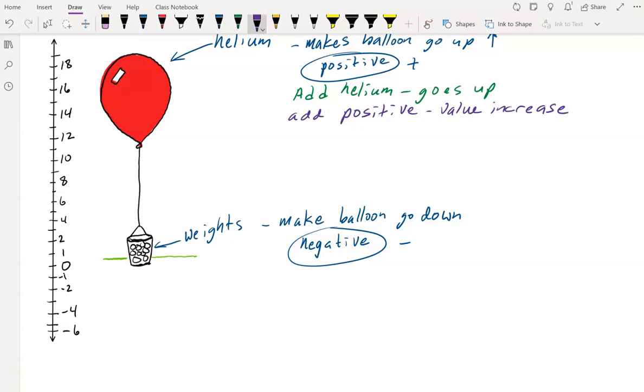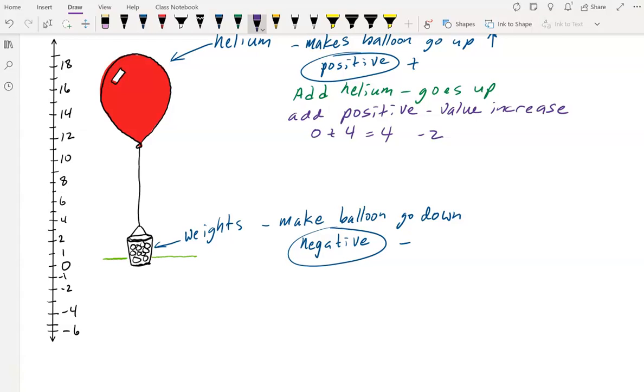That makes sense. When you add positives, the value increases. So for example, if this balloon is sitting at an elevation of 0, and you add 4 units of helium, then the balloon should go up 4 units. But what if the balloon is sitting at -2? Let's say it's 2 units below, like say the table it's sitting on.